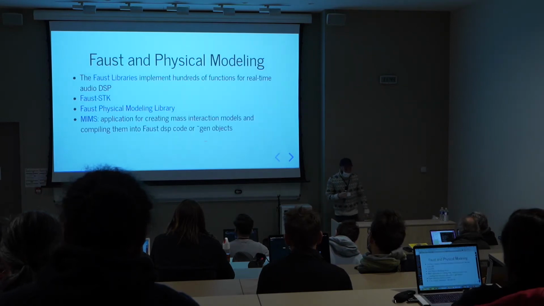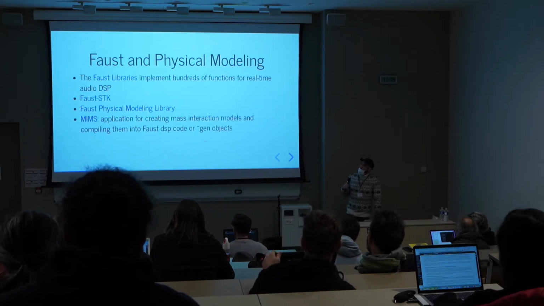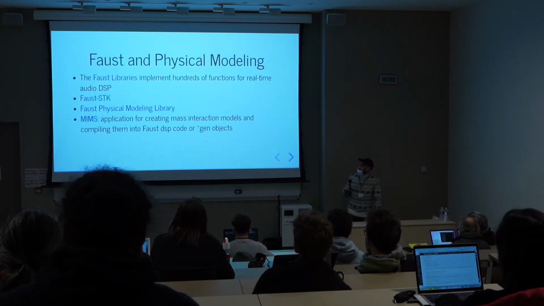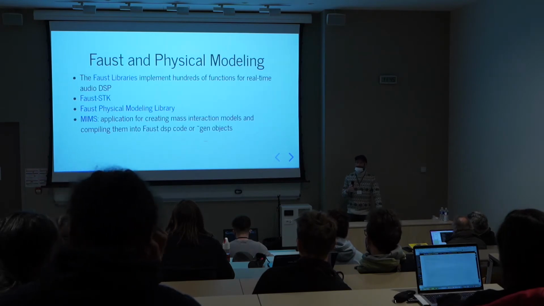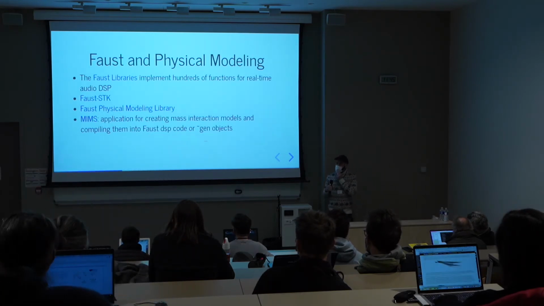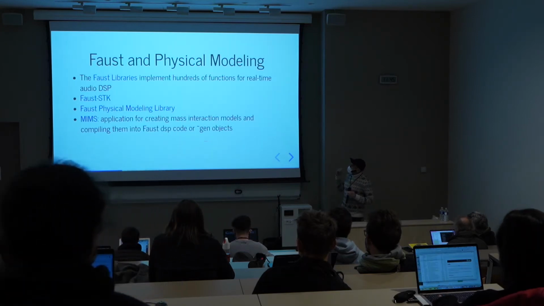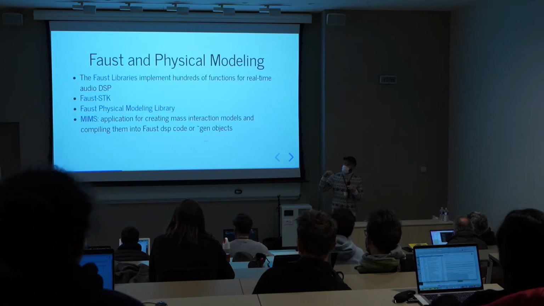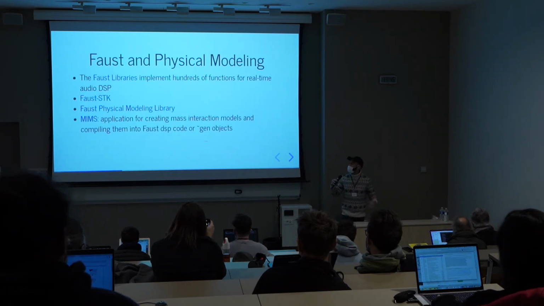Later, another tool was created, which is called mi-faust. This tool was a collaboration that we had with some people in Grenoble, with James Leonard and Jérôme Villeneuve. And it is a tool that allows you to create mass interaction physical models using Faust and a graphical user interface. So for those of you who are not familiar with it, mass interaction physical modeling basically works by connecting masses with virtual springs to create vibrating structures and objects.